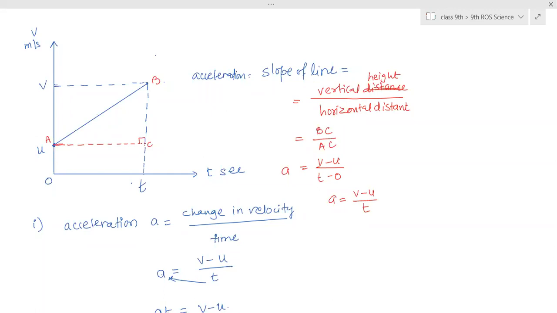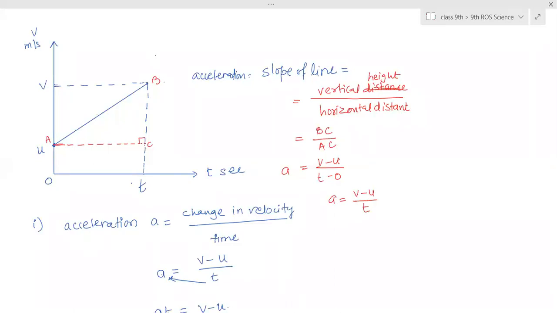Yes, ma'am, can you explain again? The formula of slope of a line is vertical height by horizontal distance. You have to make a right triangle first in the given duration of time. Whatever the duration of time is given, you have to make a right triangle by drawing a horizontal line from one point. It is applicable only for a right triangle.